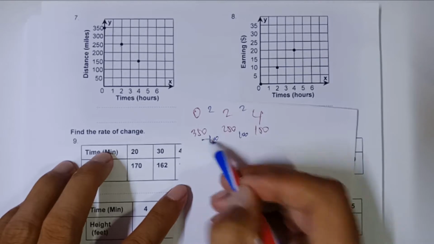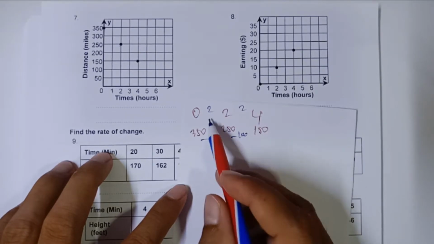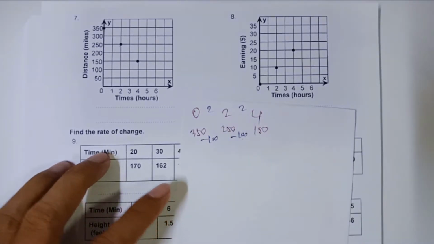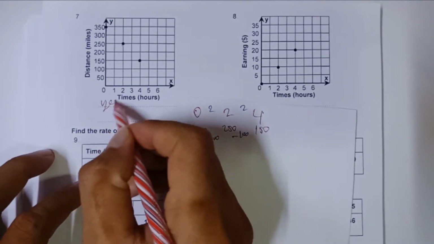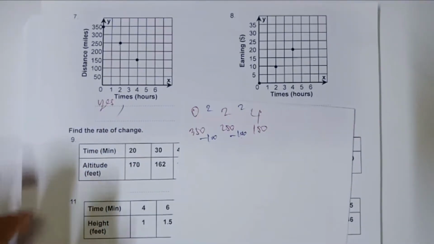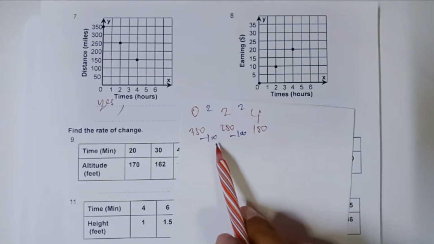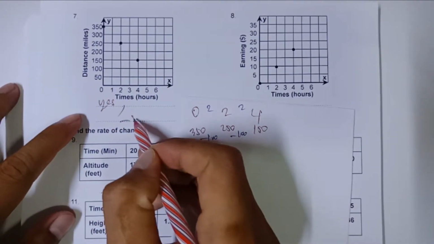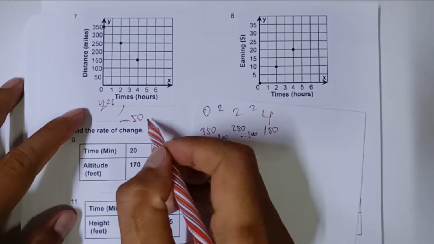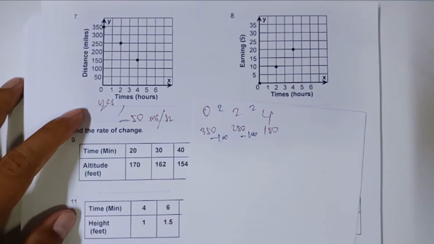So this is minus. So minus 100 divides 2, minus 100 divided by 2, that will give the answer as linear, or just say yes. And then for constant of change, negative 100 divides 2, this is going down, minus. So you will have minus 50 miles for every hour.